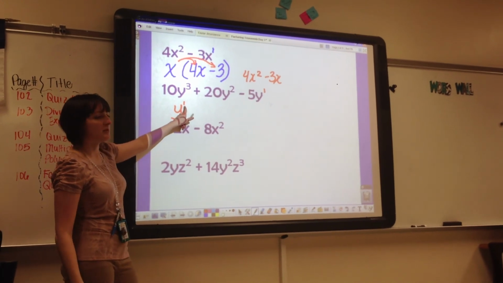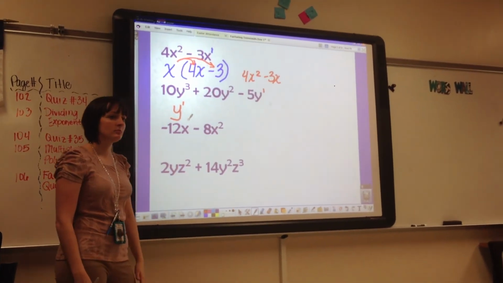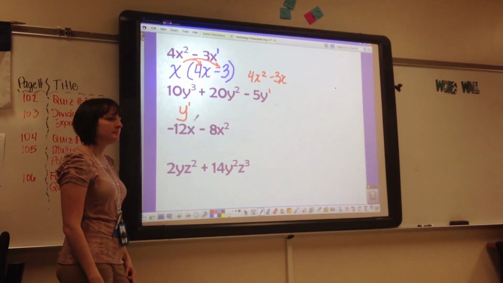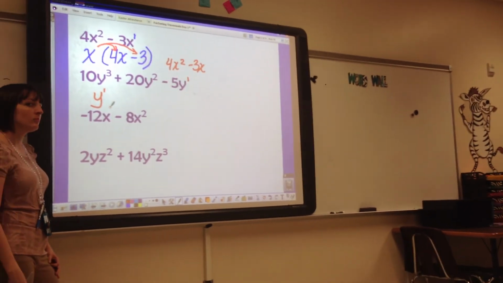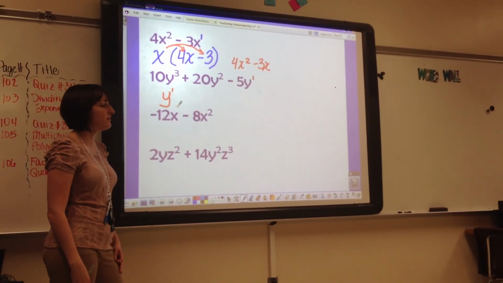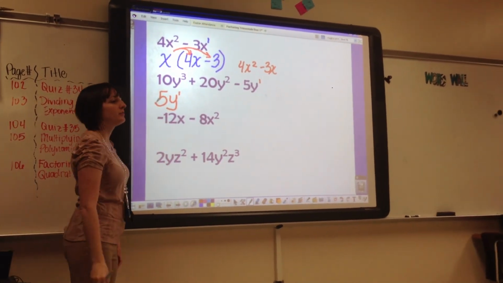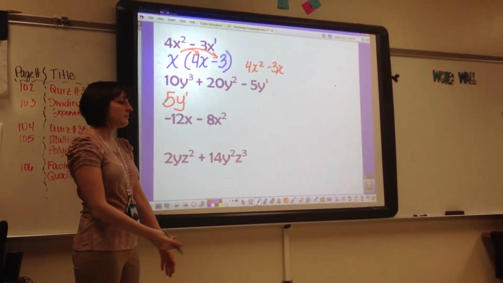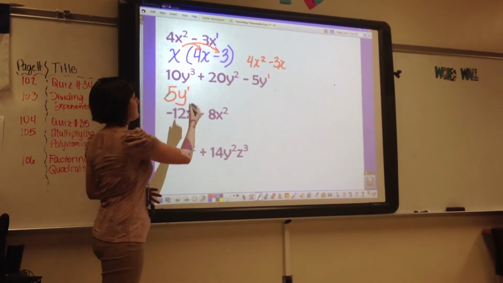You don't have to put the 1 there. What about the numbers? What number are all of them divisible by? 5. Right, so that means you can take a 5 out of all of them. So the GCF is 5y.